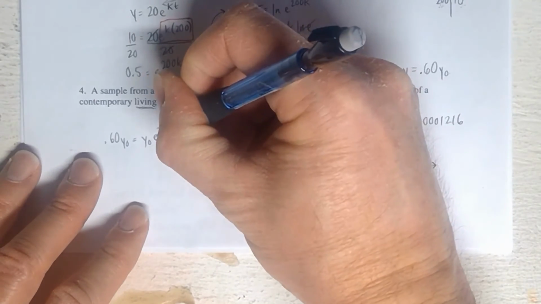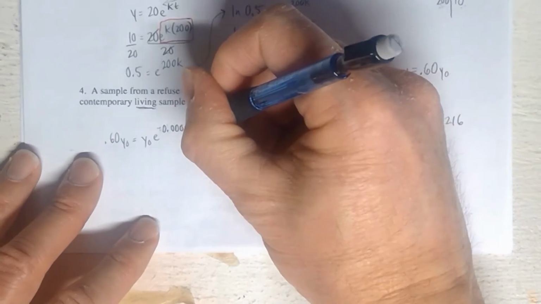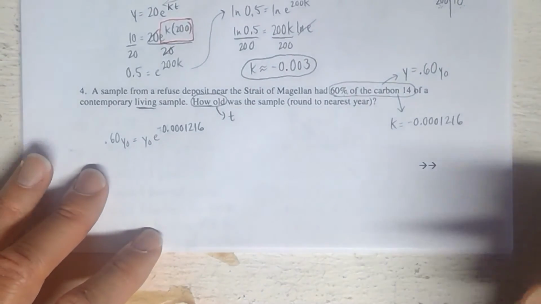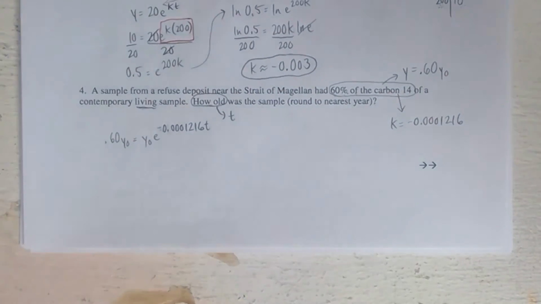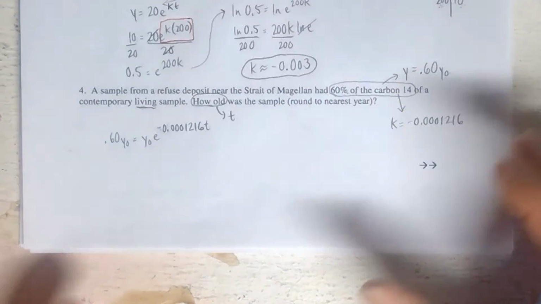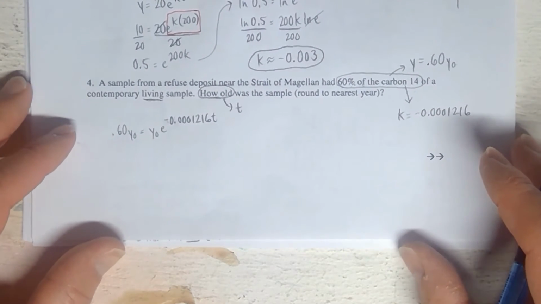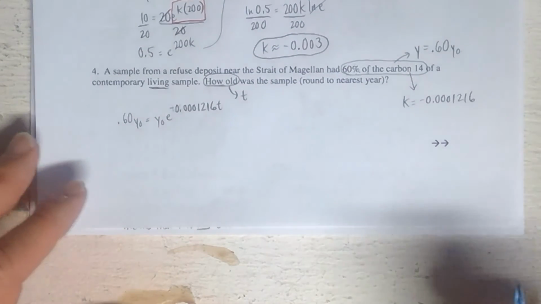I'm just talking about K numbers that we aren't capable of figuring out already. If there's a K number for a radioactive substance and there's no other way of figuring it out on your own on the test question, such as this problem here, then I would give that to you, and it will be needed here.